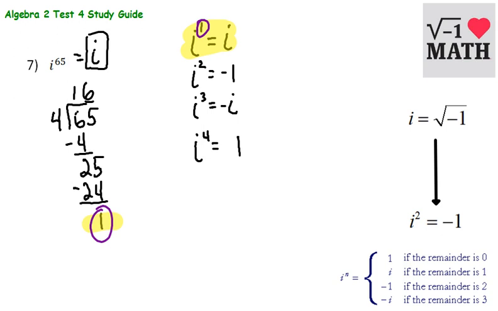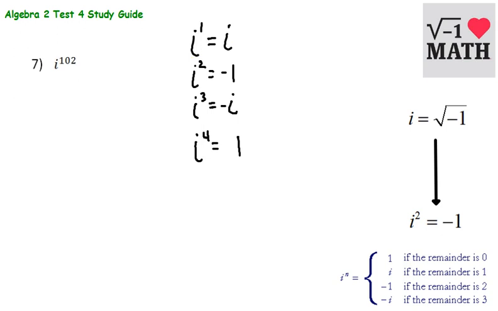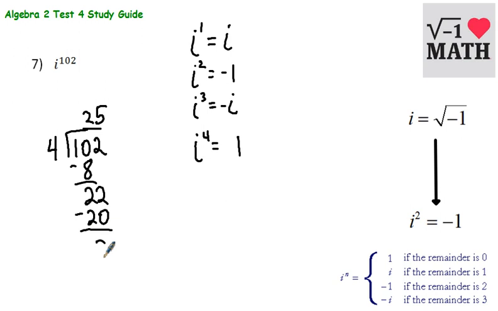All right, well, let's go ahead and try number 7 on the right side. We got i to the 102nd power, i to the 102. So we're going to divide by 4. And we get 22. And let's keep dividing, and you get a remainder of 2.